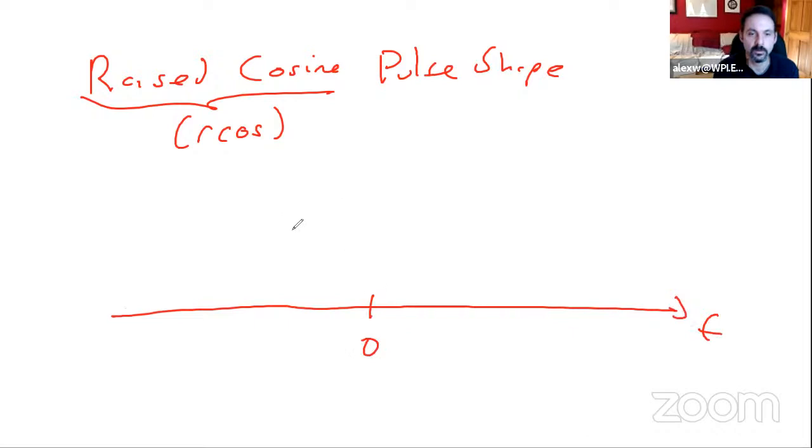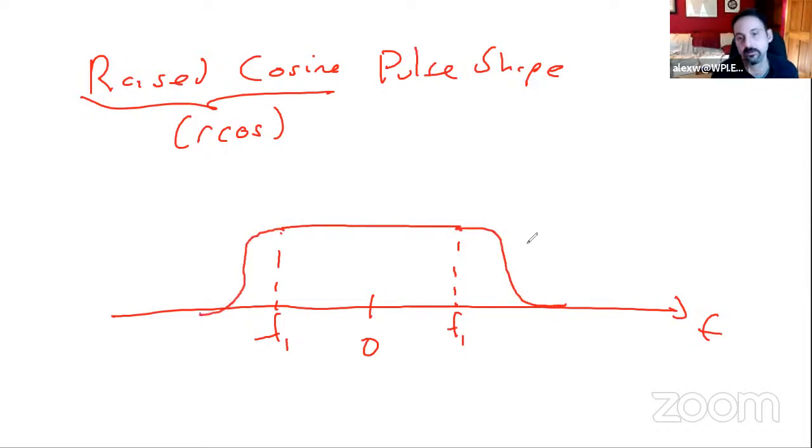It's a 0. There's a plateau. And that goes from minus f1 to f1. And then here's your half cosine function, right? This is literally half a cycle of a cosine function. And it goes from minus B to B, right?